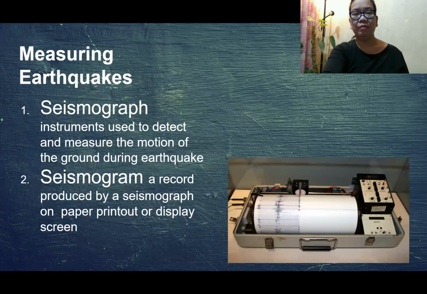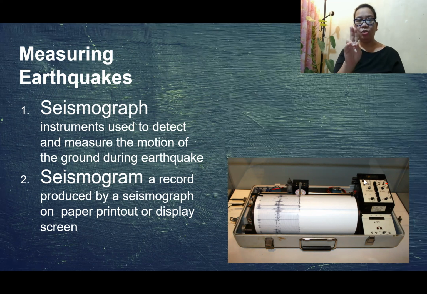Okay. And now, how do experts measure earthquakes? They have the seismograph. It is this one. This is the instrument used to measure the motion of the ground during an earthquake.